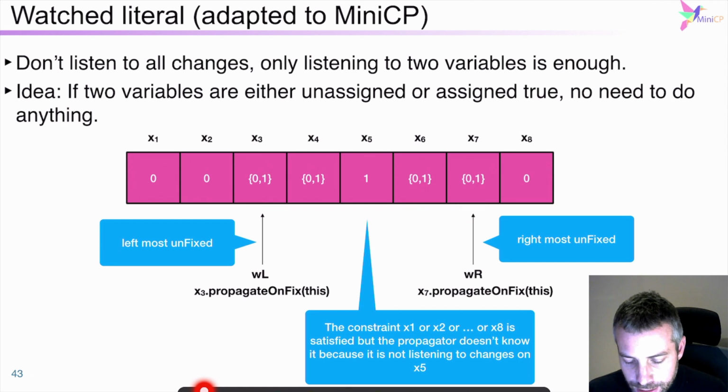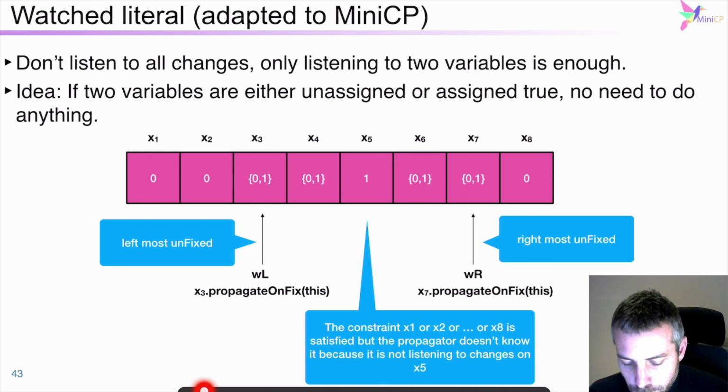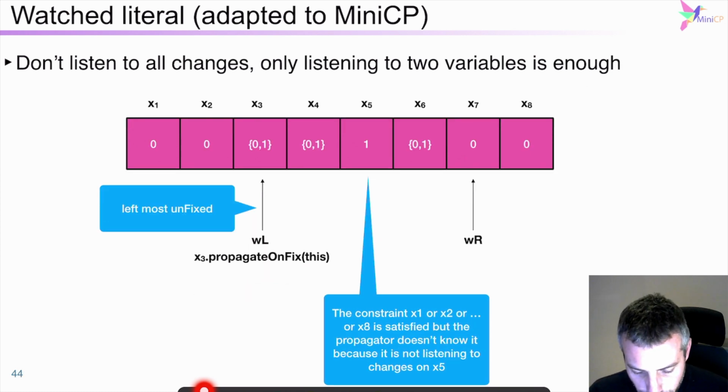If we detect that one of them becomes true or false, then we can possibly act. As you can see, this constraint is already satisfied because in the middle of it, we have a 1, which means that there is at least one Boolean variable that is true. But the propagator doesn't know it, because it's only listening to this one and this one. So now assume that this one is fixed to 0. In the next propagate call, you need to update the pointer of the watch literal on the right.